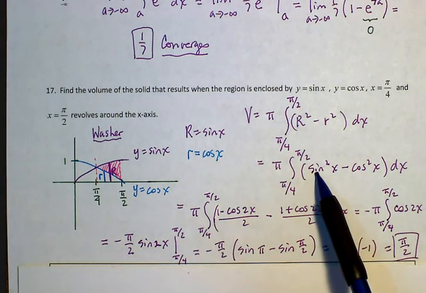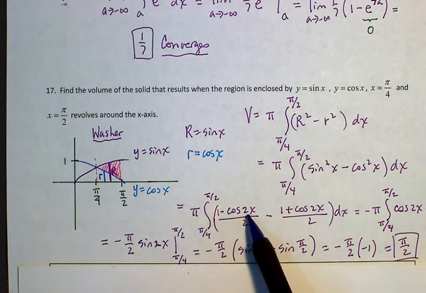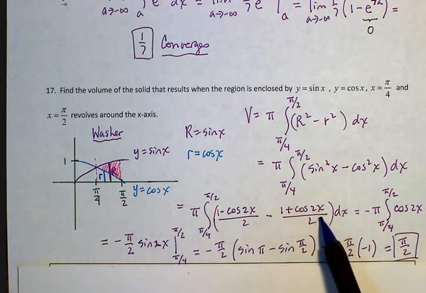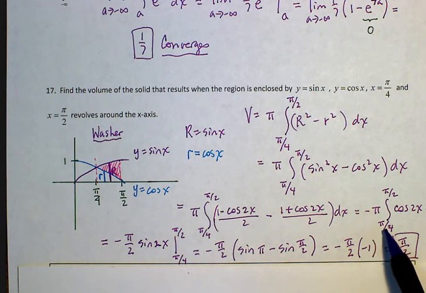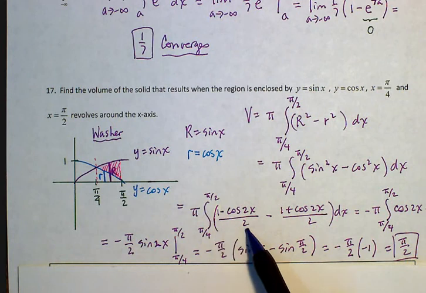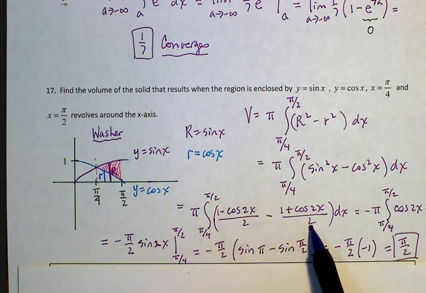I'm going to rewrite sine squared x as (1 minus cosine of 2x) over 2, and cosine squared x as (1 plus cosine 2x) over 2. If I do some simplifying here, I have 1/2 minus 1/2, so that basically just cancels out.